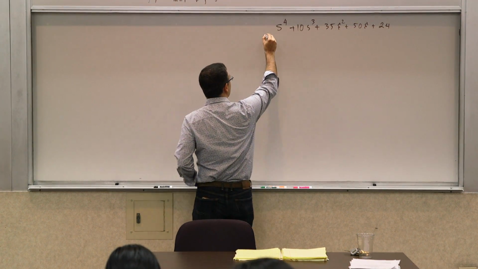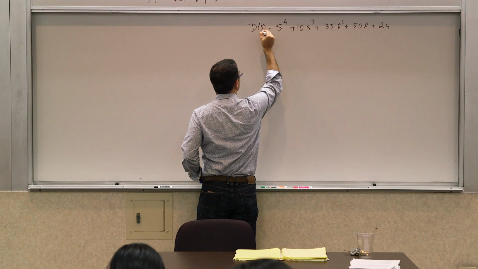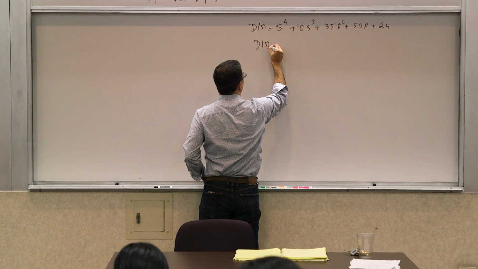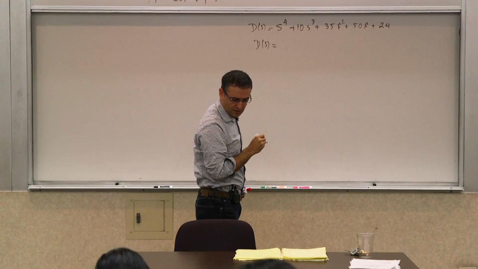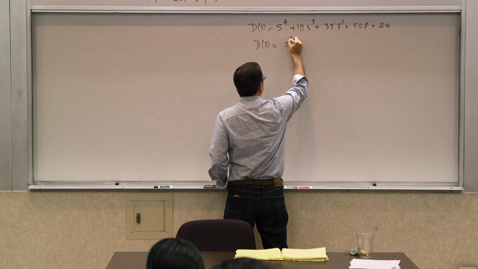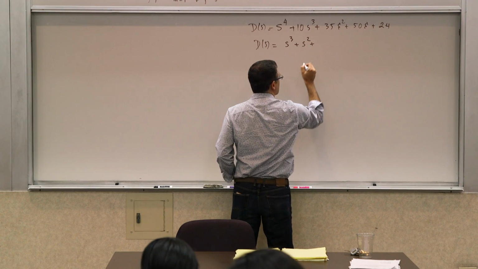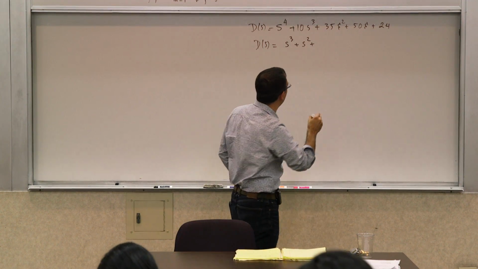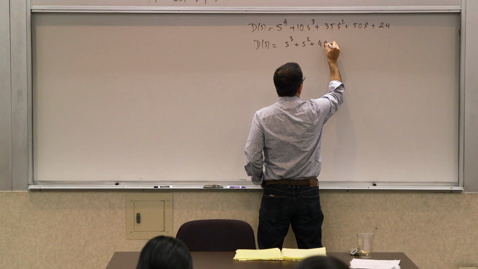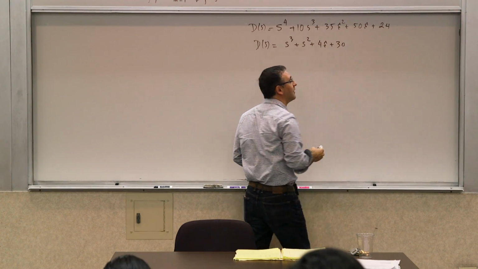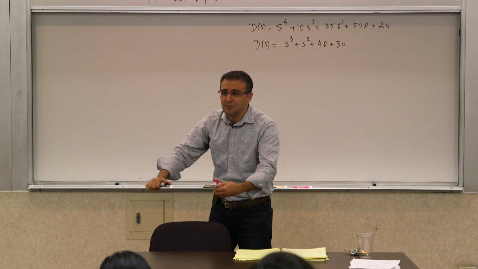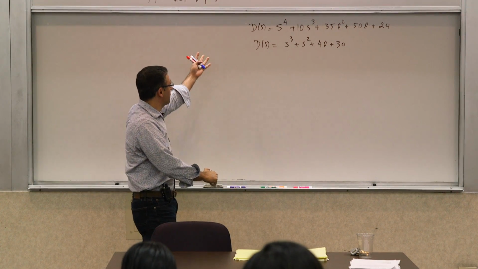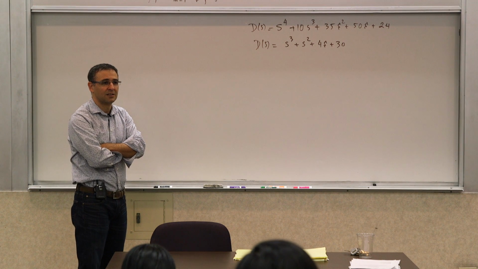So this is d of s. And I have given you another one, which is, for the sake of argument, s cubed plus s squared plus 4s plus 30. So let's say you find the system transfer function and you get this in the denominator.